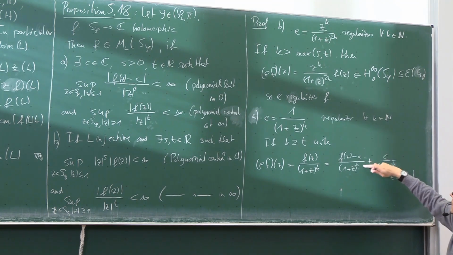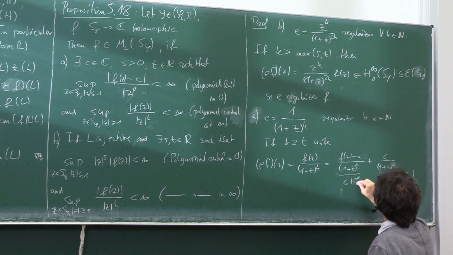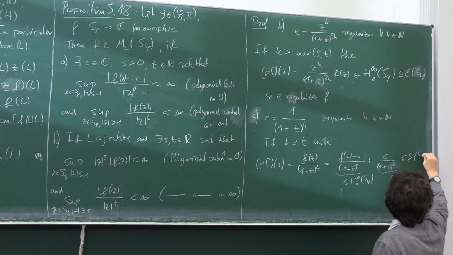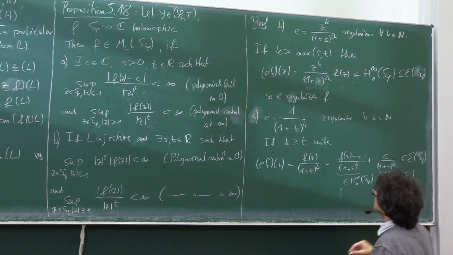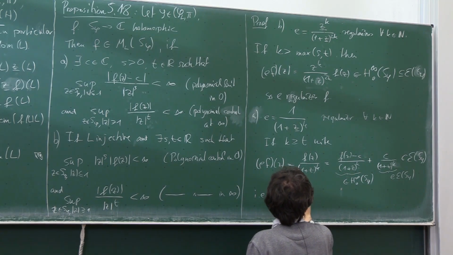So you get a z to the s here. s is positive. So at 0, this goes to 0. So this is an H infinity 0 function. In particular, it's in the Dunford-Rees class. So we've shown that E regularizes F.